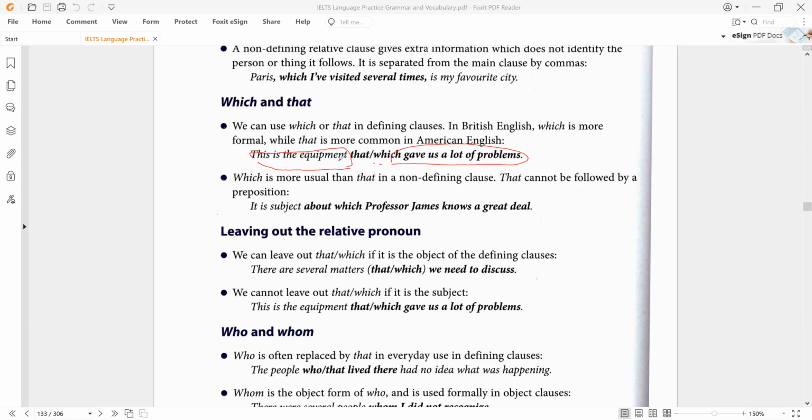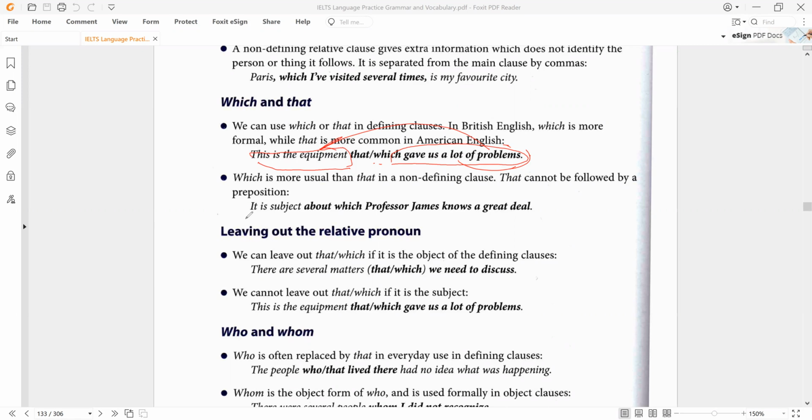This is the equipment، هذه المعدات اللي عملت المشاكل. It's defining. Defining, because here the problems are made by what? By the equipment. So the problems, equipment، فالequipment معرفة بالمشاكل. This is the equipment، هذه قطعة العدة أو هذه العدة which gave us a lot of problems.